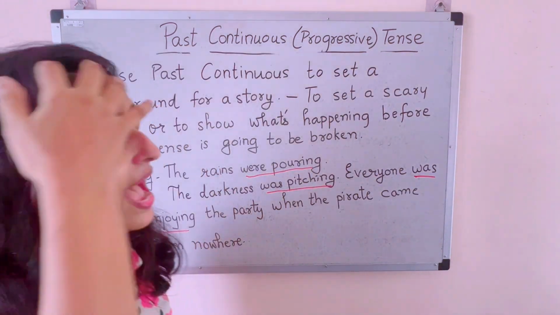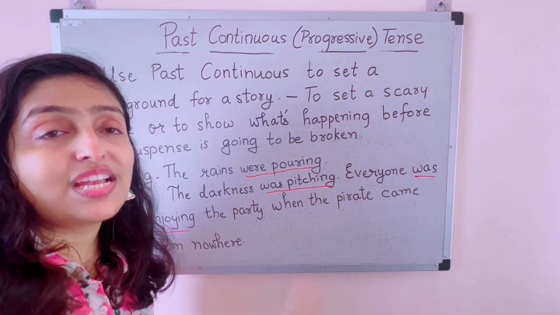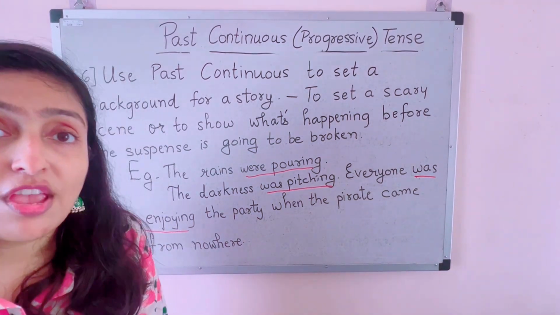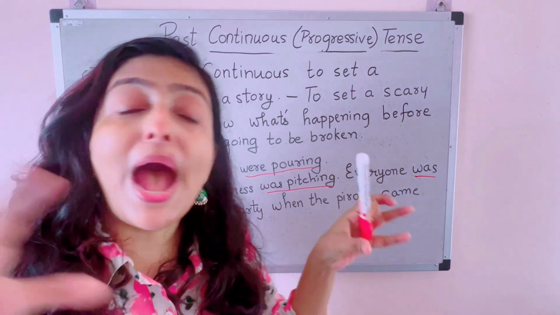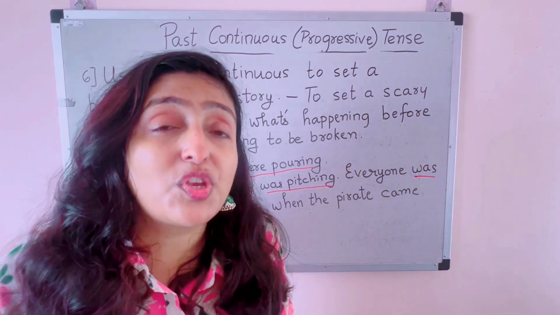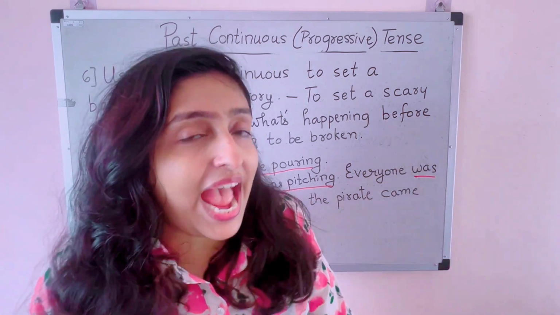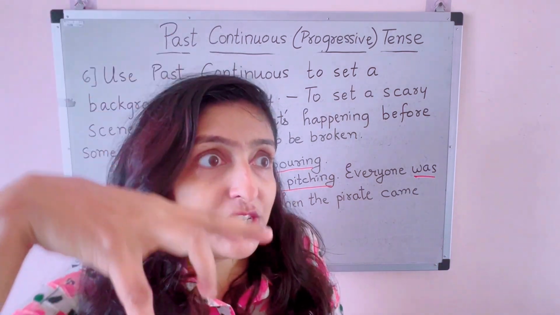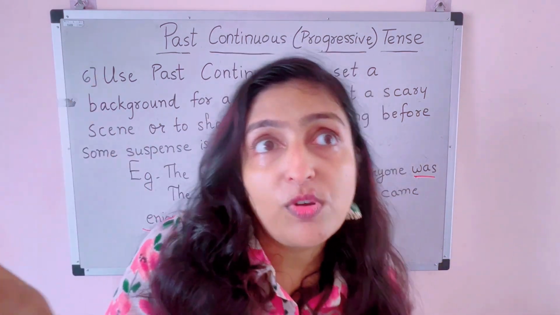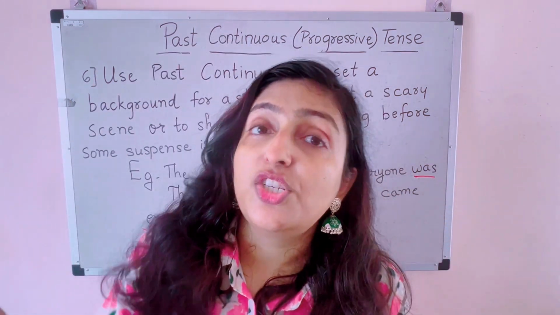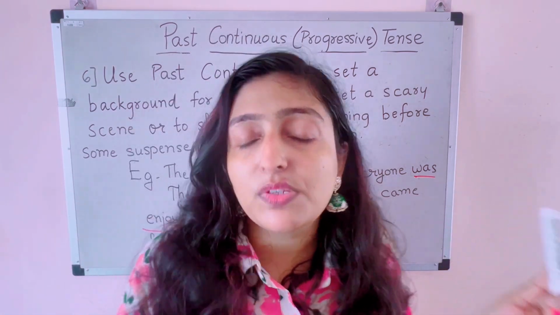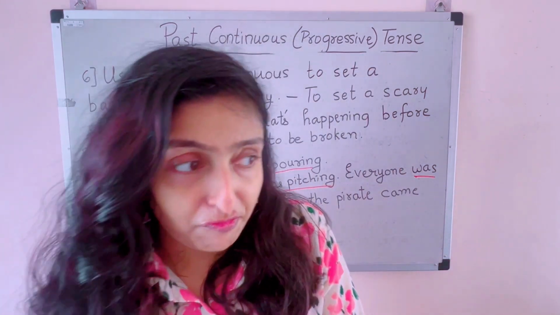We have come across such sentences and examples in storybooks where, if something bad has to happen, then a setting or an ambience is created to support that action. The darkness was pitching in, the rains were pouring, it was all dark, everyone was dancing when a pirate came out suddenly. Pirate means a robber or a thief.